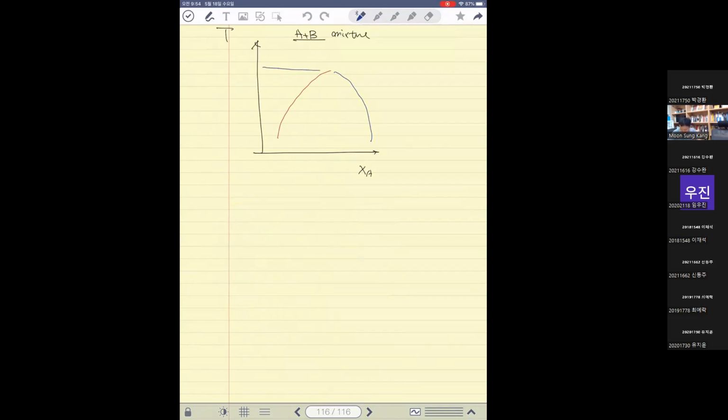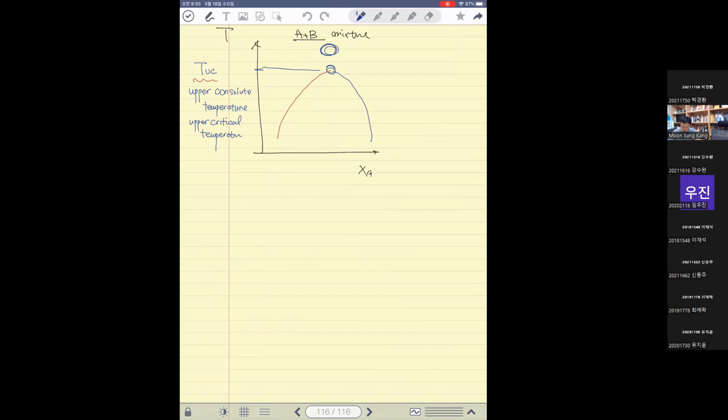And this temperature is known as TUC, and that's upper consolute temperature, or upper critical temperature. So if you reach temperature above TUC, they will form a well-mixed mixture regardless of the composition.